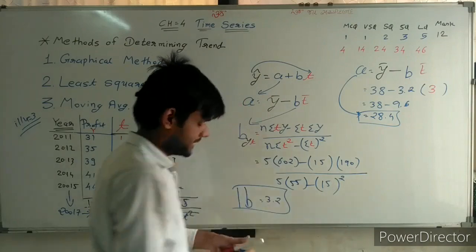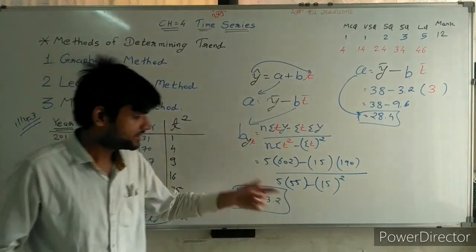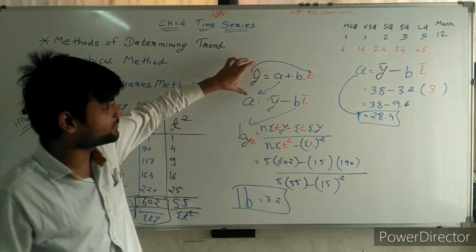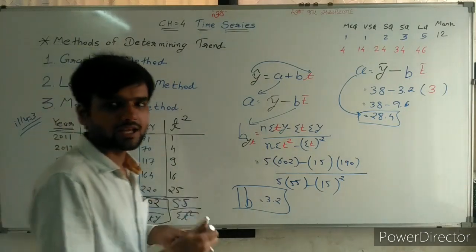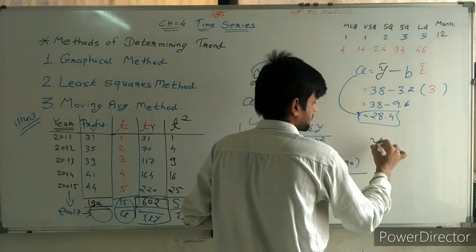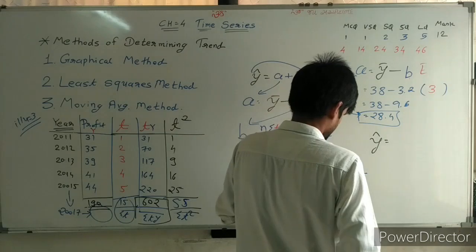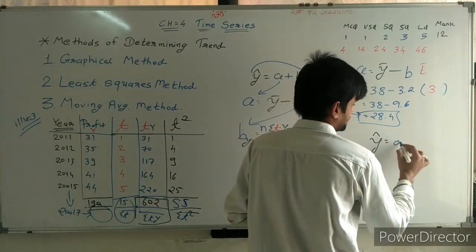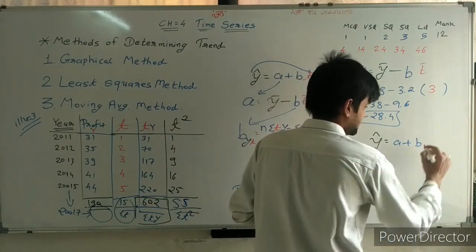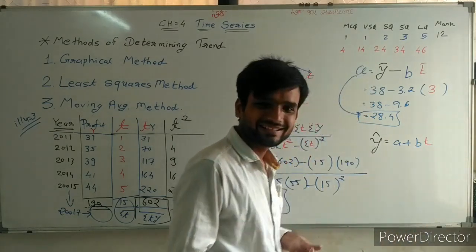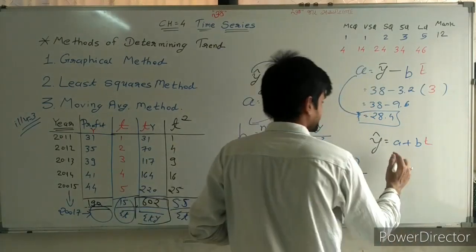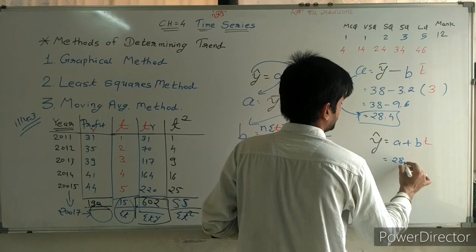A, 28.4. B, 3.2. And making the equation, y cap is equal to A plus B, sir, T. Now what is A? 28.4.